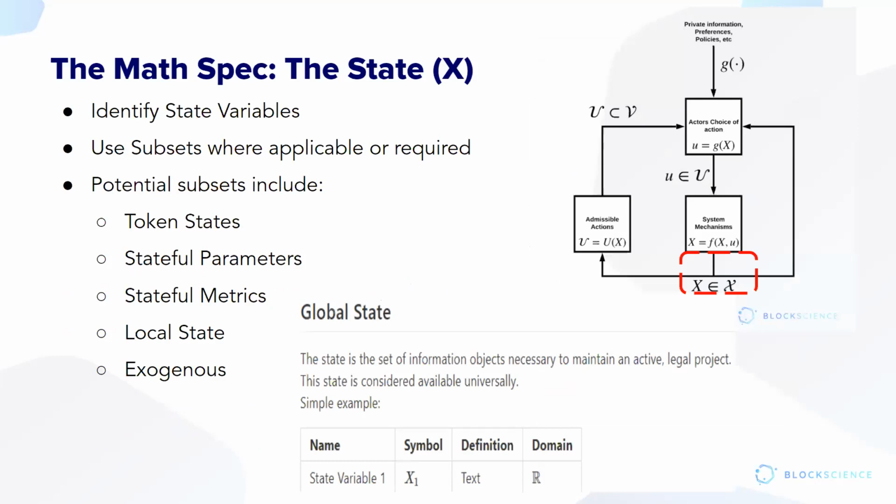Sometimes we even might just say it's everything, without any further clarifications or subsets, but we're going to try to make distinctions about any subsets of the global state where possible. It helps both for designing and for building to make those distinctions.